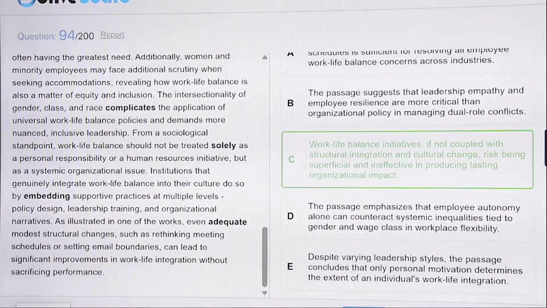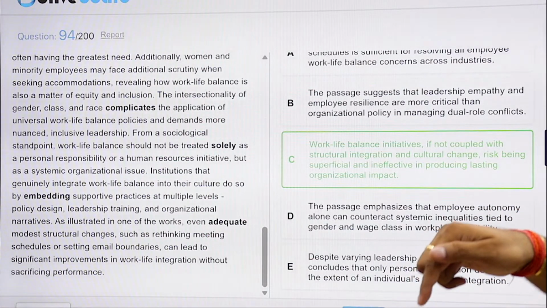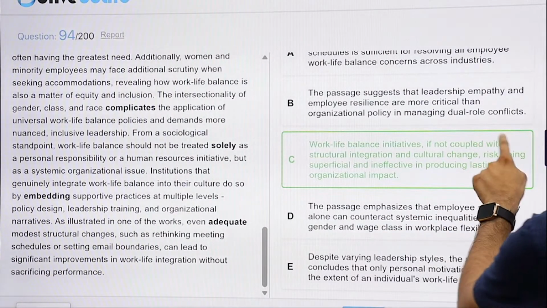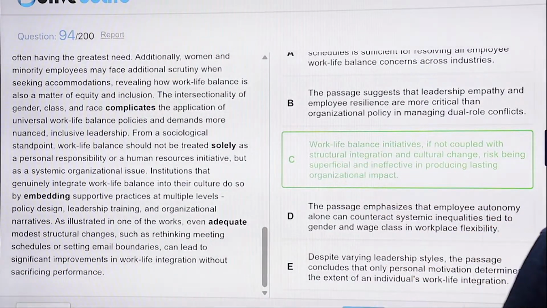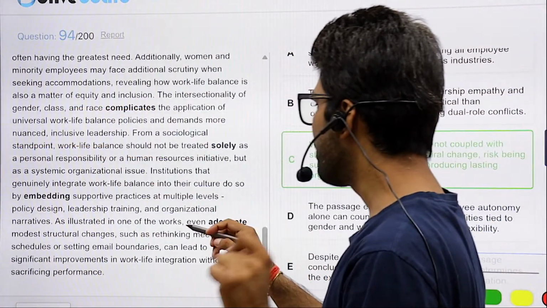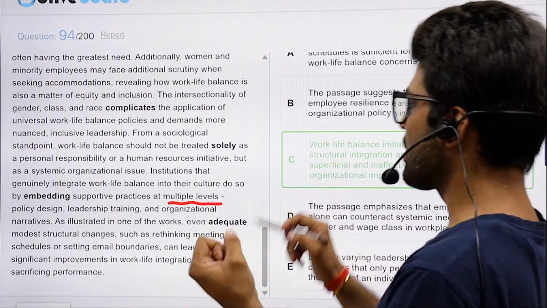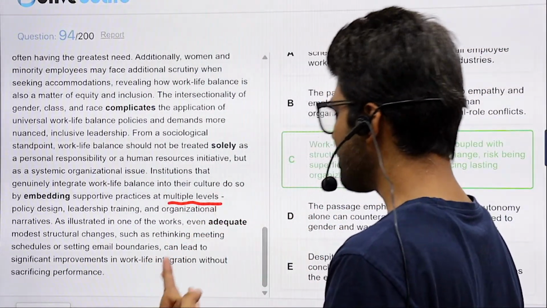Rishabh and everyone, see, work-life balance initiatives, they are actually talking in a negative tone. If you do not work hard, you will not succeed. That means if you work hard, you will succeed. See, if not coupled with structural integration, that's what they have said, you have to apply things at different levels. We can say different structures of policy design, leadership training, organizational narratives.